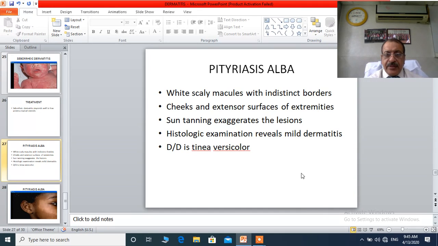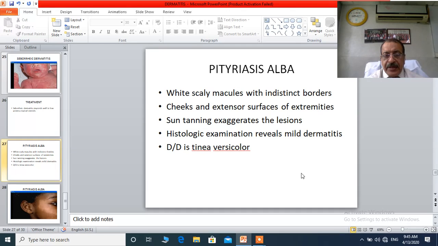So they are not correct. This condition is not due to calcium deficiency, but it is a kind of mild dermatitis. The exact cause is not known.